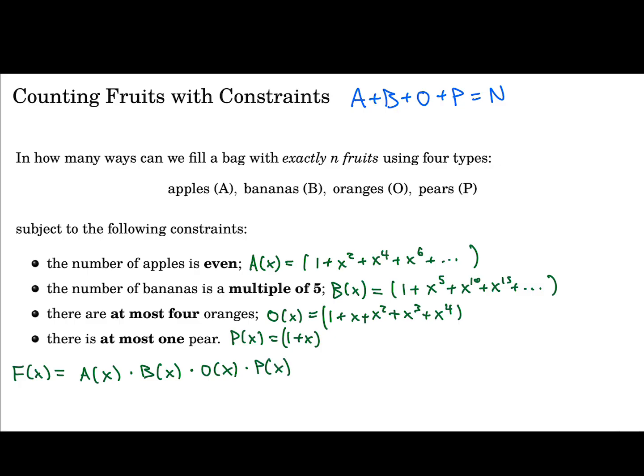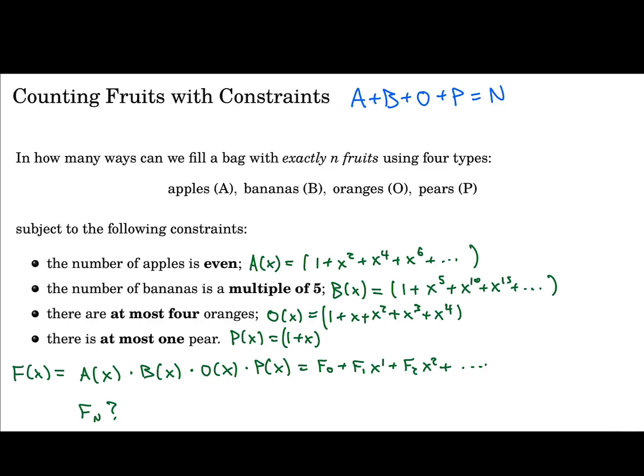And so when we multiply all of these together, this will give us some polynomial, right? Some f of 0 plus f of 1 x to the 1 plus f of 2 x squared, and so on. And what we are interested in is what is f of n, right?